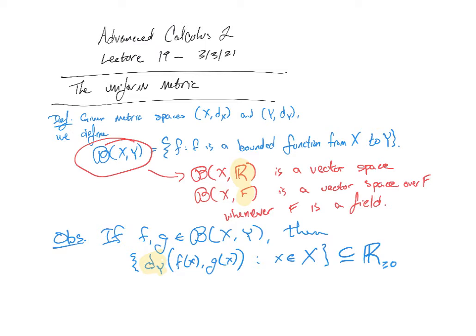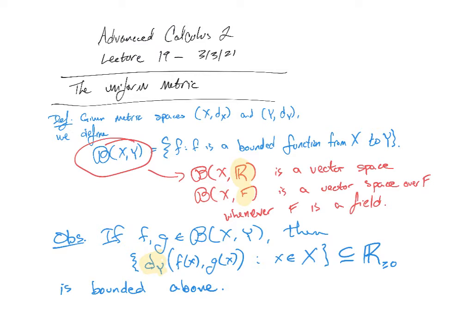So here's the point, the observation, is that if f and g are both bounded, then that set is also bounded. And we really only care that it's bounded above. In the lecture notes, I'm going to leave this as an exercise.